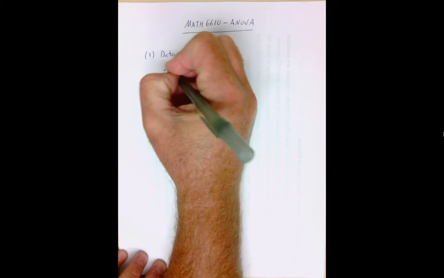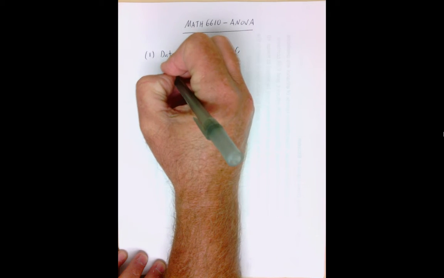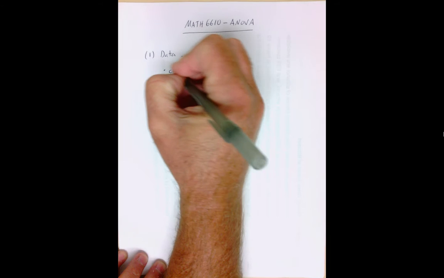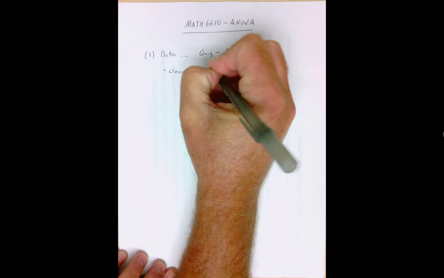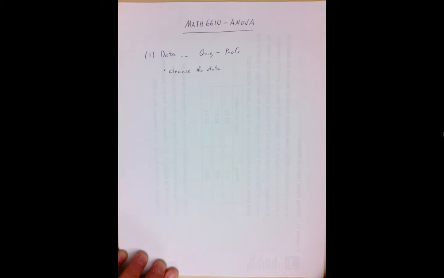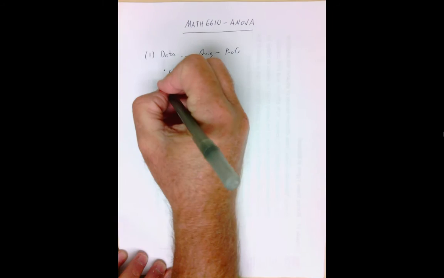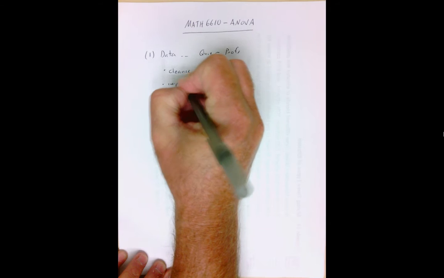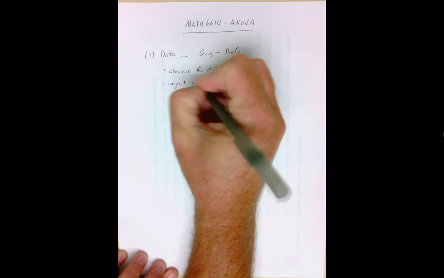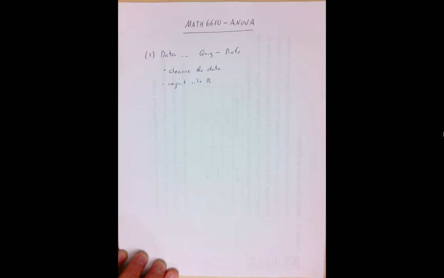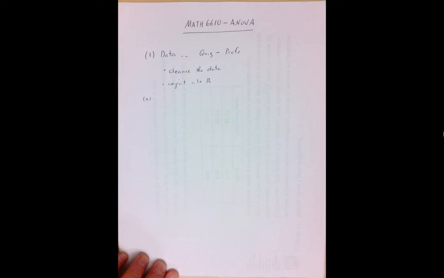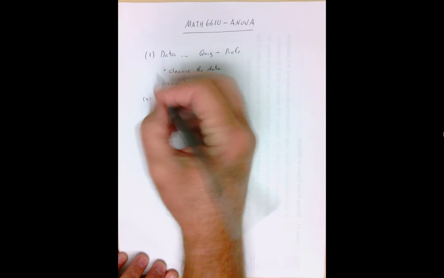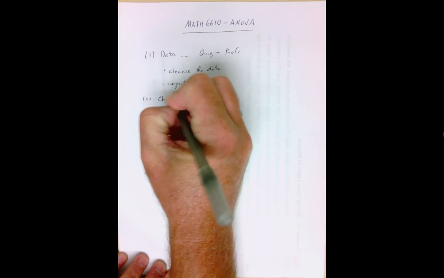I want you to be able to cleanse the data, and I'll show you what I mean by that. And I want you to be able to import it into R so we can analyze the data. Next thing we'll do is check assumptions.